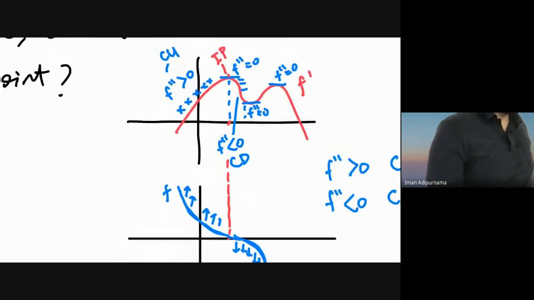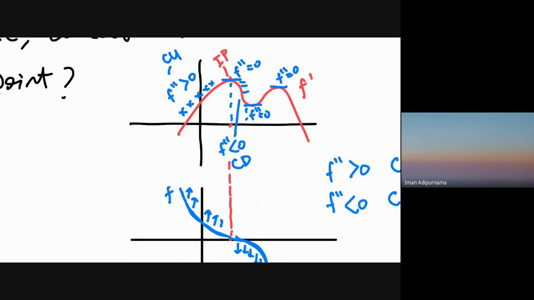So if you have f prime and you would like to know the original function, we can check using the derivative of f prime, which is the second derivative. Then we can see the slope of f prime, the slope of the slope. A positive slope means the second derivative is positive, which means concave upward.